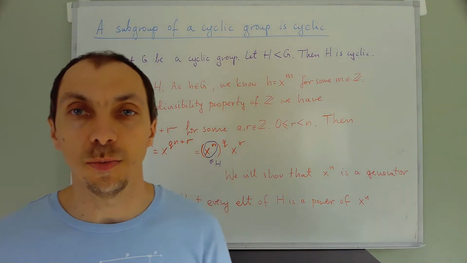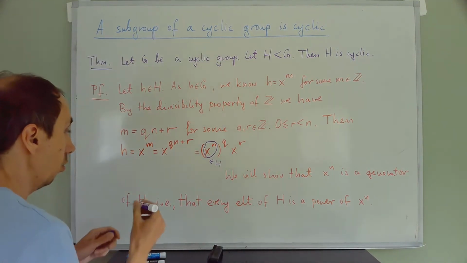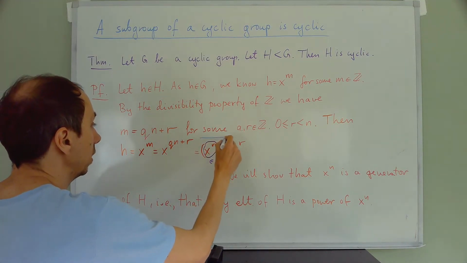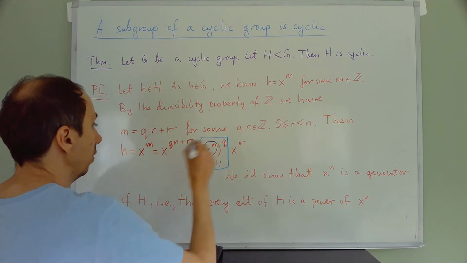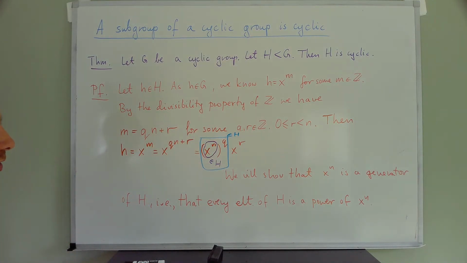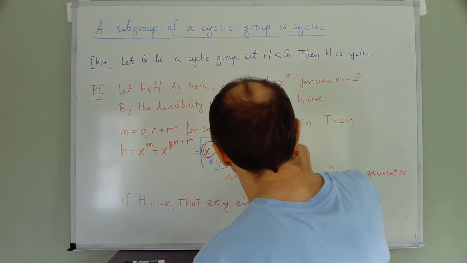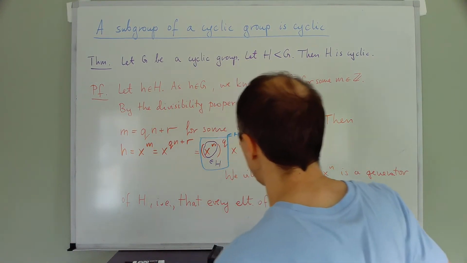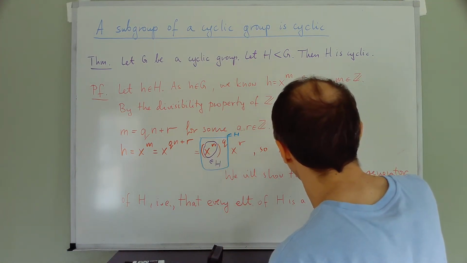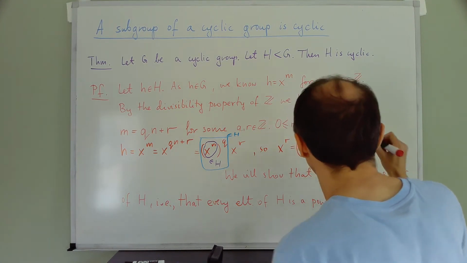That's how we chose n. n was the smallest positive integer such that X to the n is an element of H. Oh, but if I take H as a group, so if I take any element of H and multiply it by itself, that is still an element of H. So that whole thing in the blue box is an element of H. So I get X to the r is equal to this thing inverse times h.